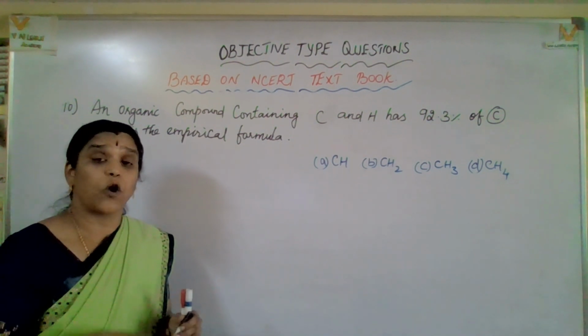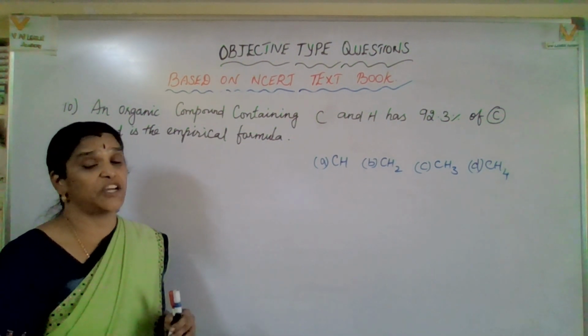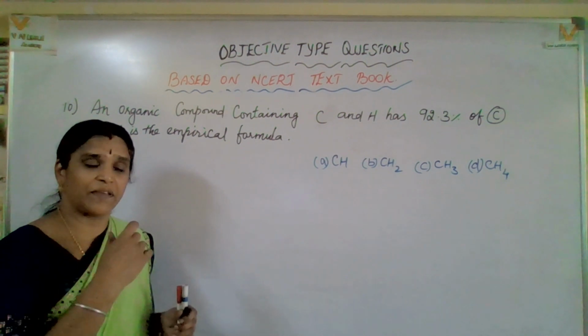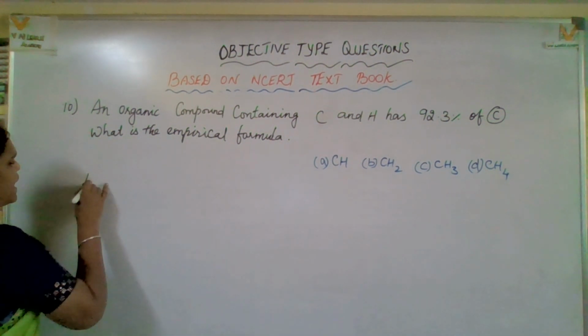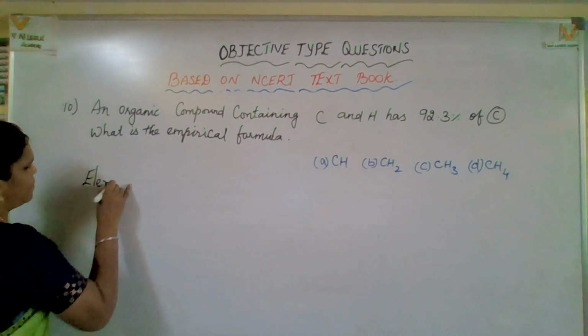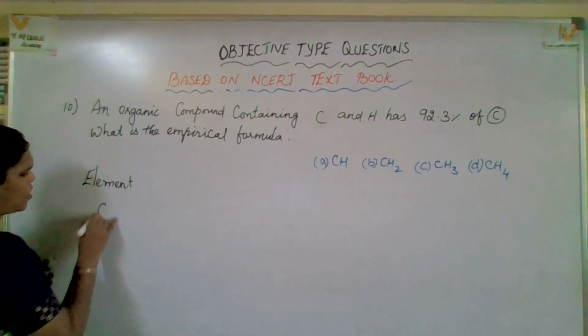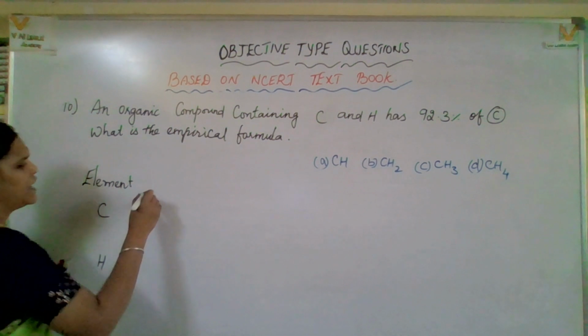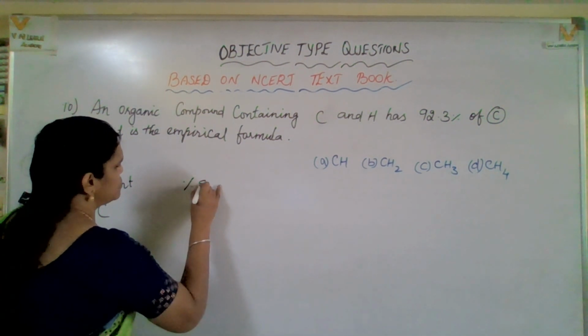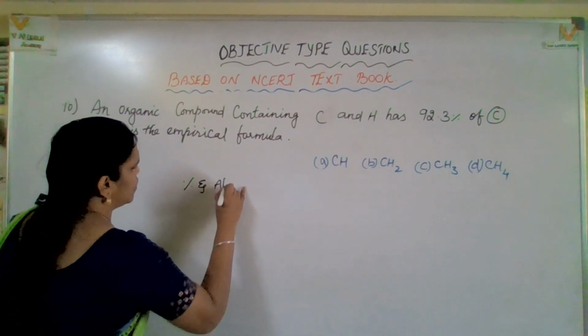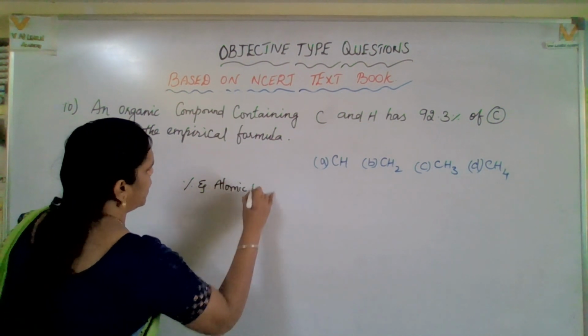I have given a clear idea in that concept video I have mentioned. So just watch that, it will be very easy to understand. Yes, come on. The first one, element. So what is it? Element, carbon and hydrogen. Now the next one, percentage and atomic weight.